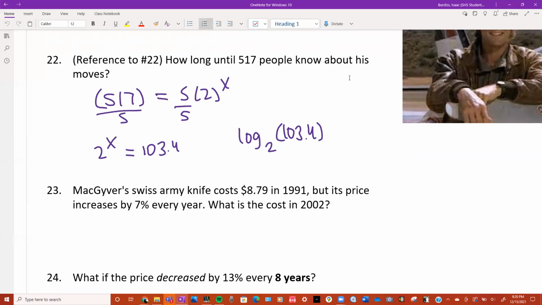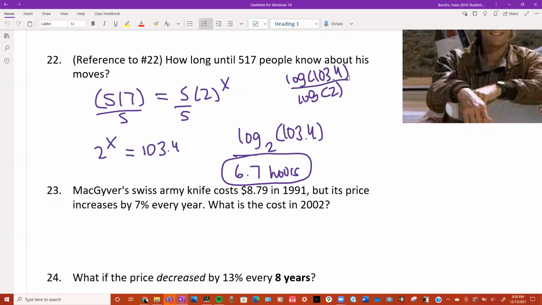We could also, remember the method I showed you in the graphing calculator, you can do math, log, or just a change of base formula, whatever you call it. Either way works. That would mean after 6.7 hours. That's how long it would take, approximately.